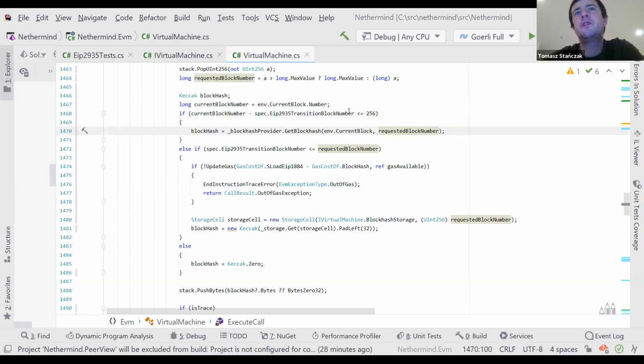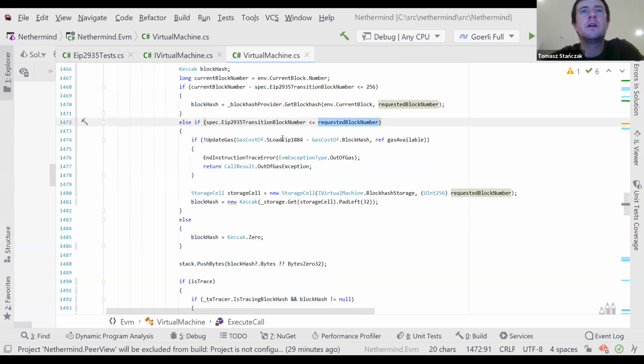Later, if we are beyond this 256 transition period, and we are asking about a block that is after the 2935 transition block number, here is a suggestion of charging the SLOAD cost over the block hash and requesting from the storage cell of the block hash storage the requested block number.